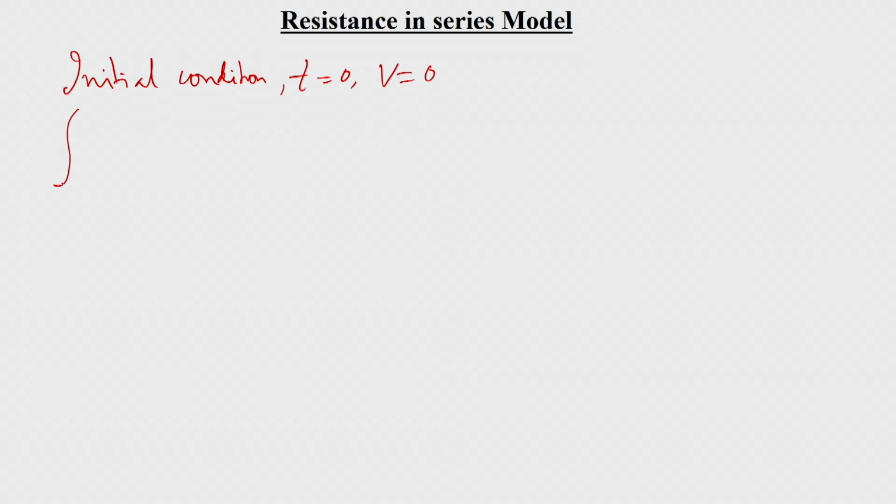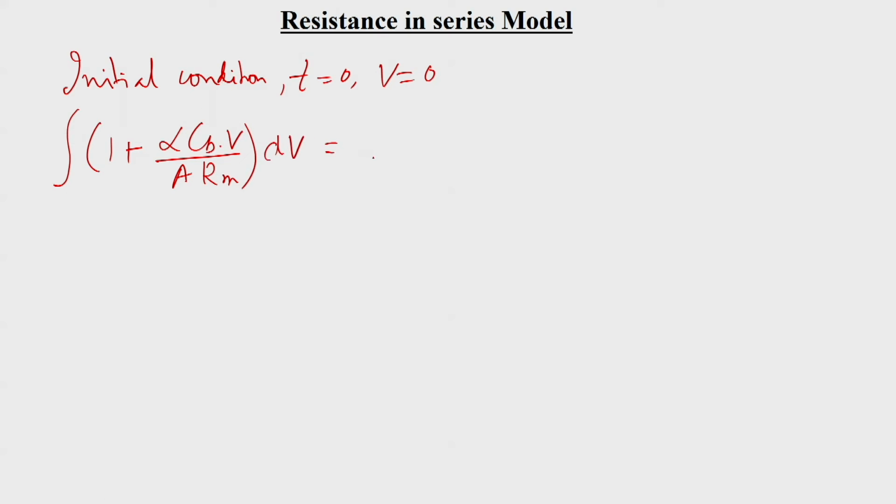Then we will do the integration, manipulating this equation: 1 plus alpha into C b into V by A into R m into dV is equal to A J 0 into integration dt, giving V plus alpha into C b into V square by 2 A into R m.